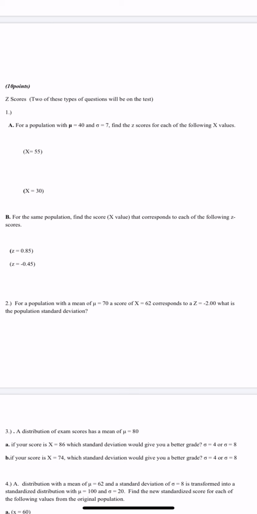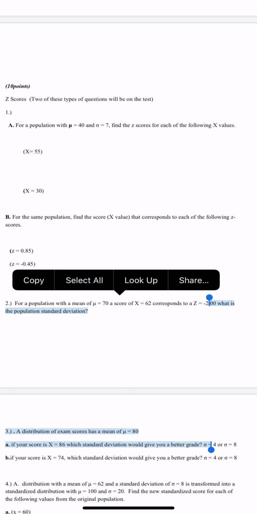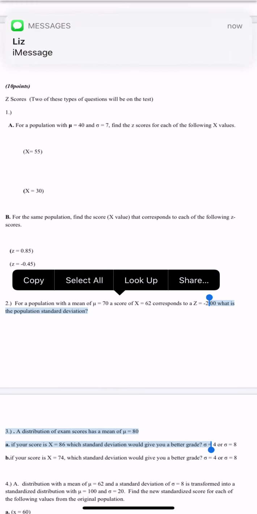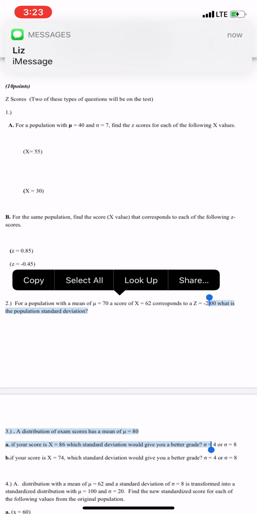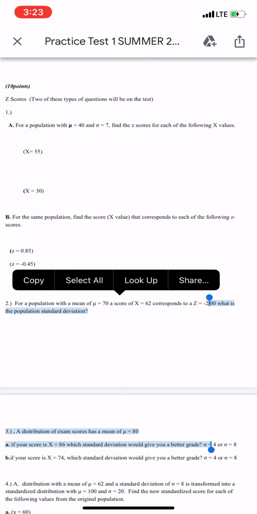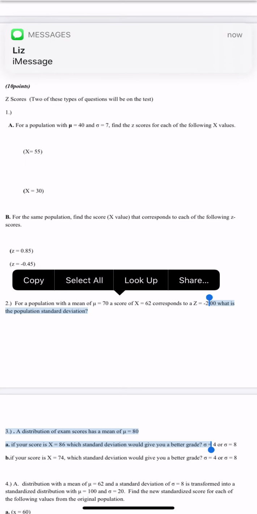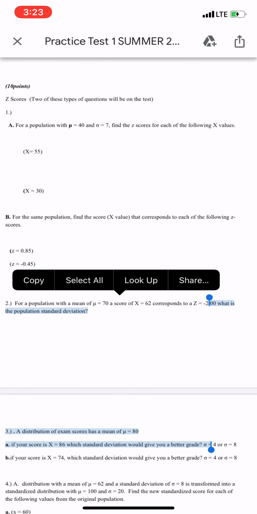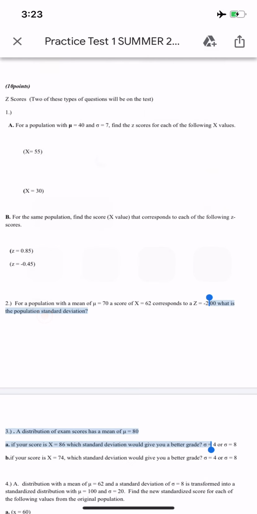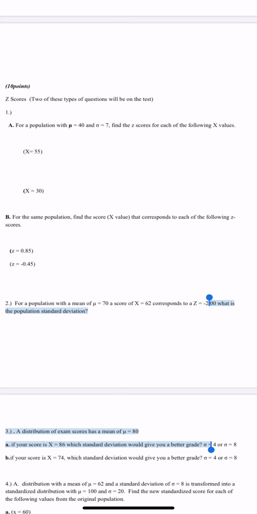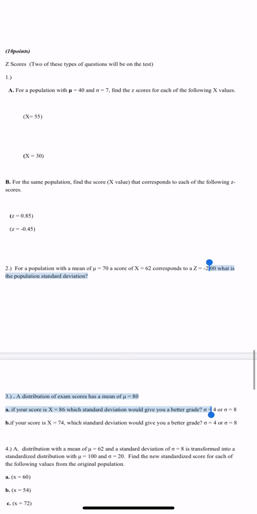All right, Z-scores. For the following population with a mu of 40 and a standard deviation of 7, find the Z-scores for each of the following X values. So what do we do here?